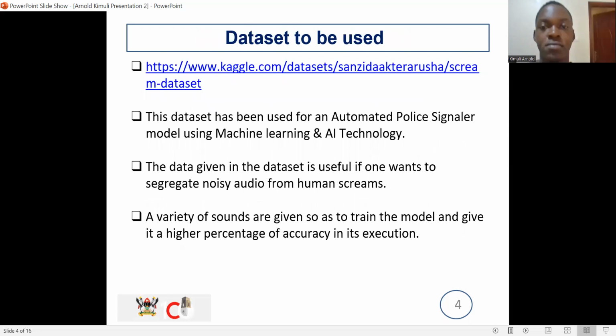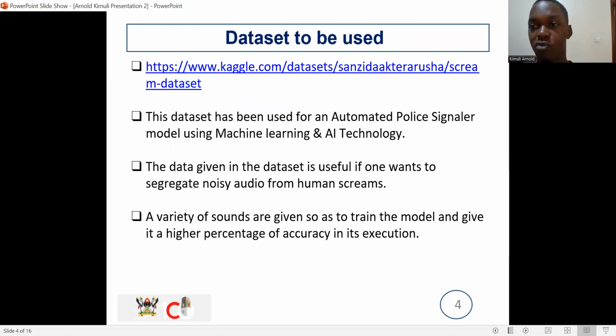And my data set, I've given you the link to my data set. It's called the Scream data set. This data set has been used for an automated police signaler model using machine learning and AI technology. The data in the data set is useful if one wants to segregate noisy audio from human screams.